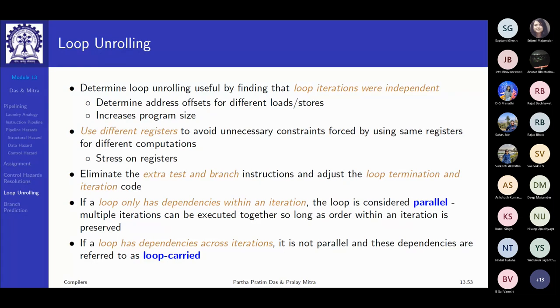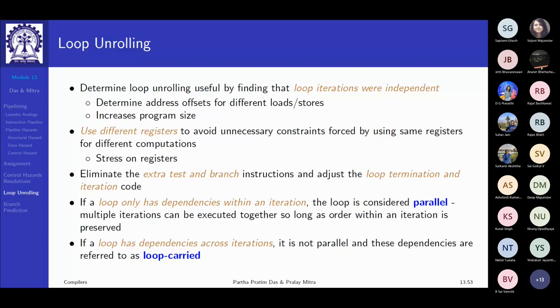Now, let me introduce two different terms here. A loop may have dependencies of values just within one iteration only. If a loop has that, then you can see that two iterations of this loop are necessarily independent, right? So they are considered parallel. Multiple iterations can be executed together as long as you maintain the order within one single iteration.